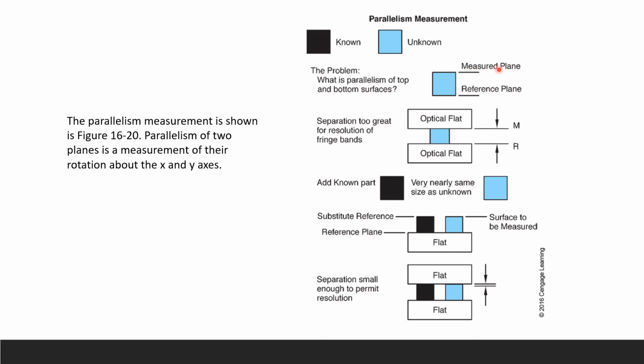This is our measure plane and that's our reference plane. So the problem is, what is the parallelism of top and bottom surfaces? Separation is too great for resolution of fringe bands if we put it this way. Your measure plane and that's your reference plane, and here we're putting the optical flat to measure this parallelism.